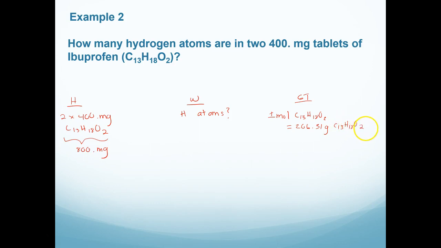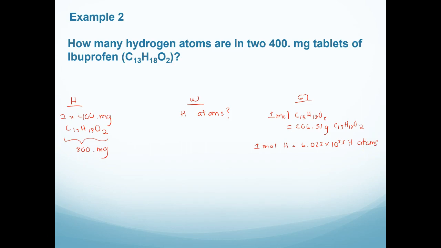And I know it gets annoying having to write down the formula next to whatever value it is over and over, but we don't want to mix them up, so make sure you have whatever substance it is next to it. Our next question, do I see tiny little particles in my have or my want? I do. I have atoms here, so that tells me I need Avogadro's number. We know that 1 mole of hydrogen has 6.022 times 10 to the 23rd H atoms.